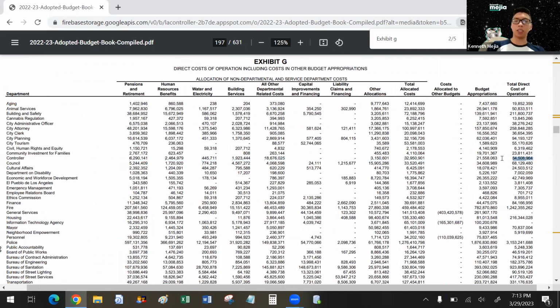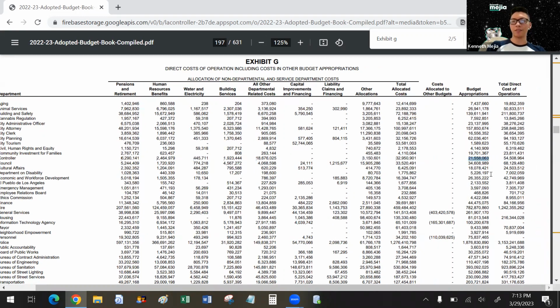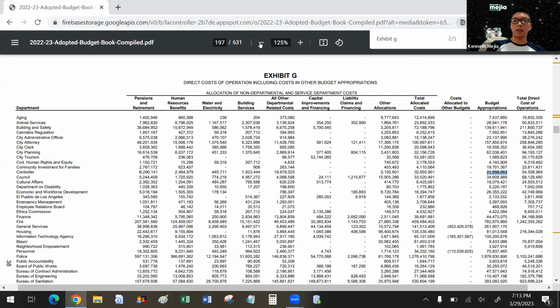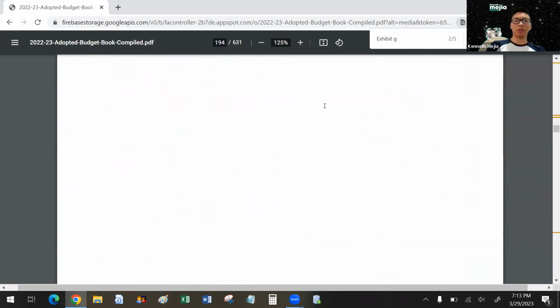This is our total budget at the city controller's office. You might be asking, well, Kenneth, what does the operational budget consist of? If you wanted to know what this 21,558,000 operational budget for our department is, it could easily be shown in the exhibits shown above.